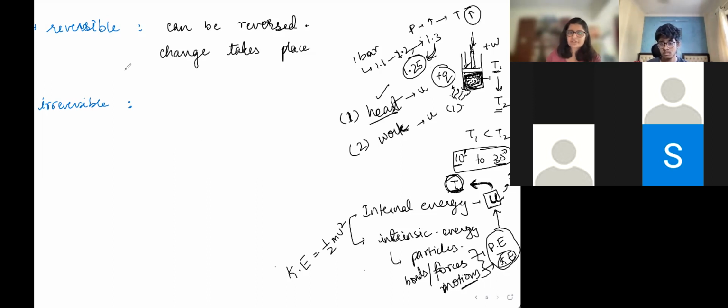But in the case of a reversible process, it can be reversed because the change takes place in infinitesimal, tiny steps, stepwise going forward. With that tiny change in the condition, I can go one step back. So at any instant, as long as it's going forward, I have an option of turning back.